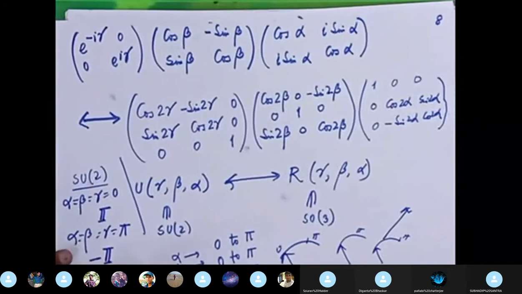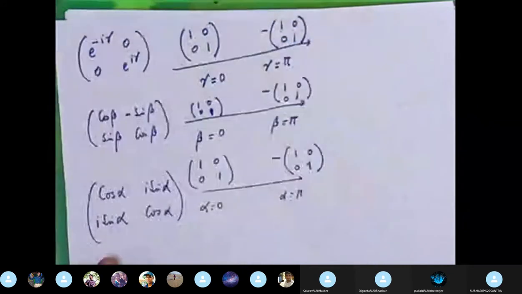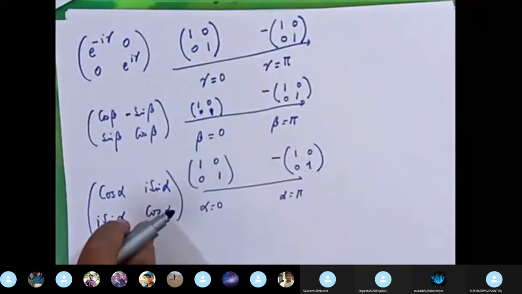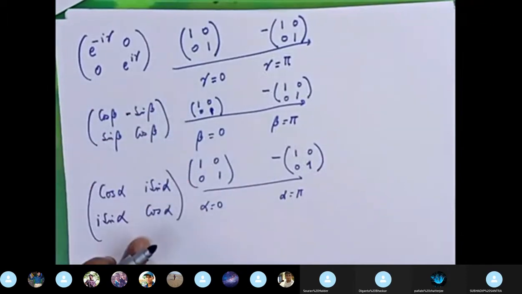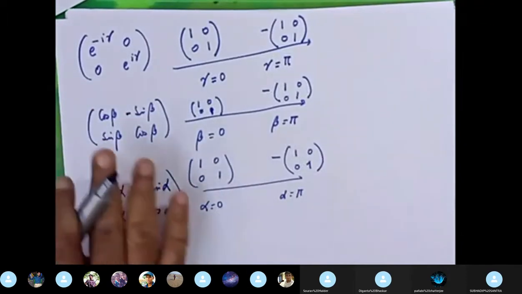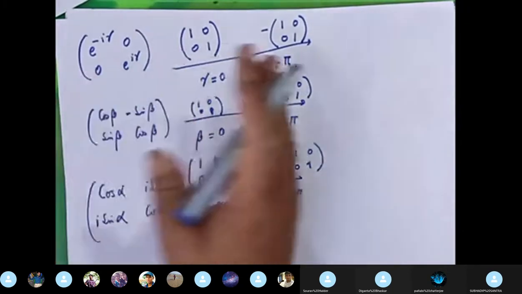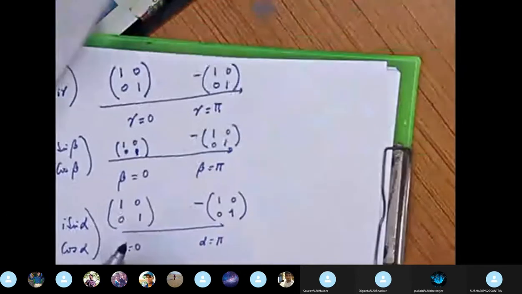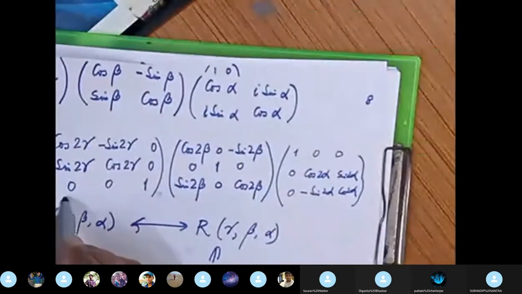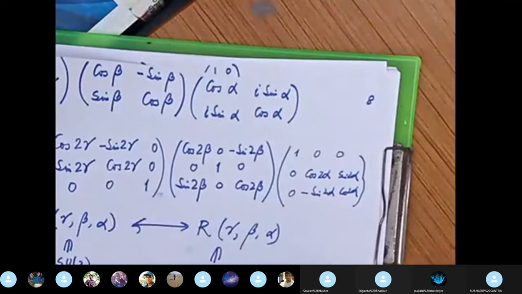Not only that, we have checked each of these separate independent parameterizations of SU2, subclasses of SU2, and they become minus identity when all these are pi. But the corresponding matrix, this one at pi, becomes identity.